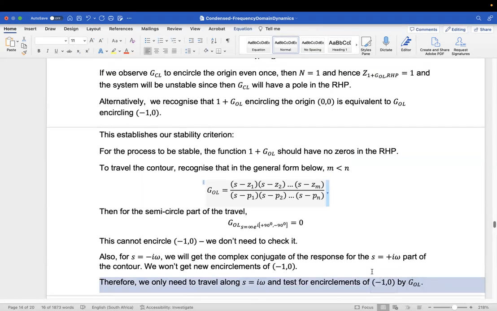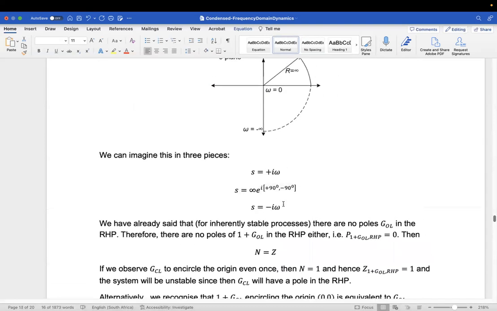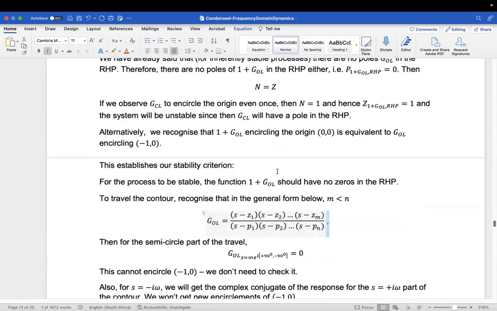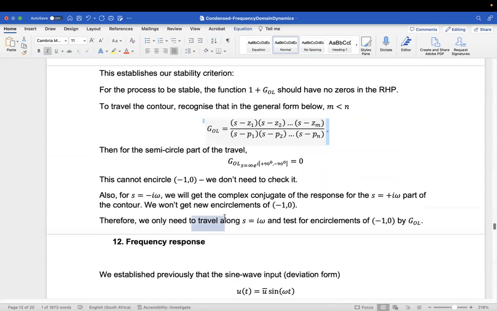And if G open loop ever encircles -1, 0 while we're traveling there, then we've violated our stability criterion. And all violations that we see there will be everything possible. We can never violate it moving along the other parts. And we will not see new violations if we travel along this one. So that's the only one we need to check. So from all that logic, that is the simple criterion that emerges.